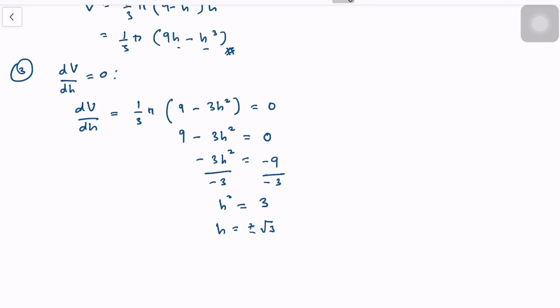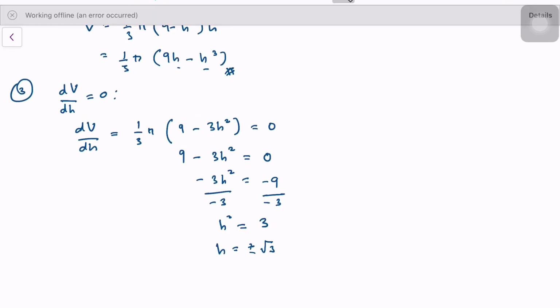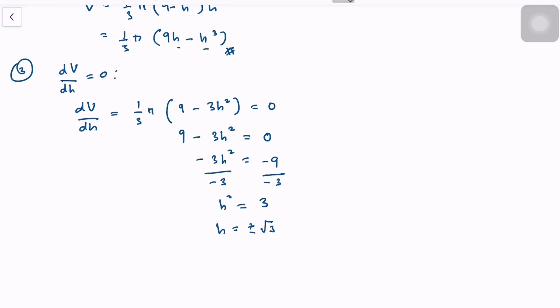So noted that h ni adalah merupakan ketinggian cone. So kita bercakap tentang distance dekat sini, panjang tinggi sesebuah cone. So dalam kes ketinggian, kita akan mengambil nilai positif sahaja instead of negative. So therefore dekat sini saya akan pilih h is equals to 3 as a solution for h.